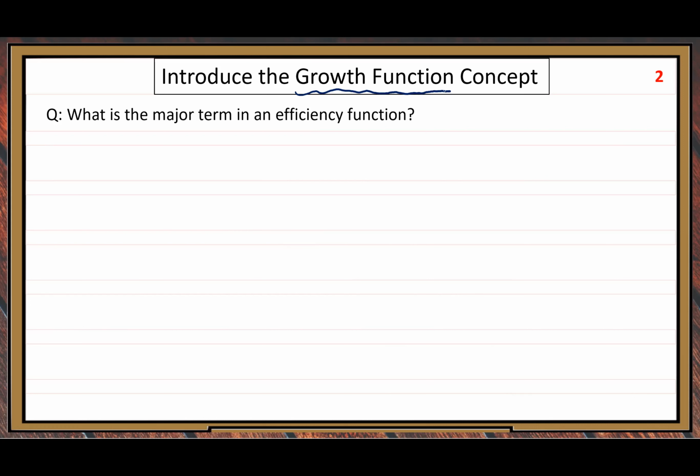The original expression usually looks pretty complicated, and it's not easy to do comparisons if the expression is complicated. For easy comparison, we want to simplify our original efficiency function as much as possible.